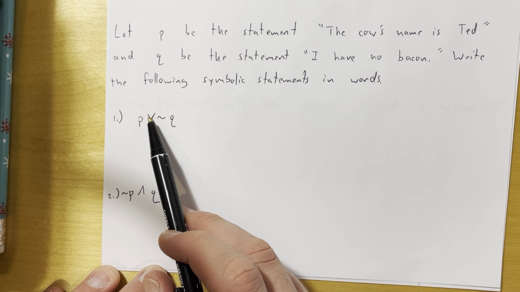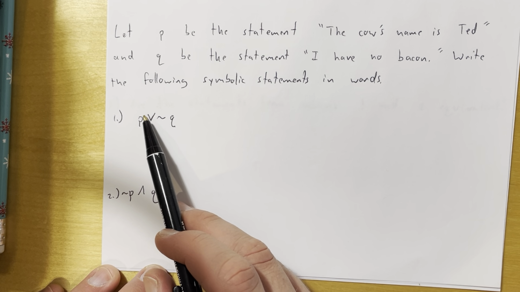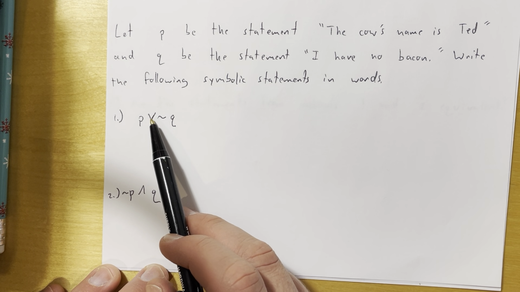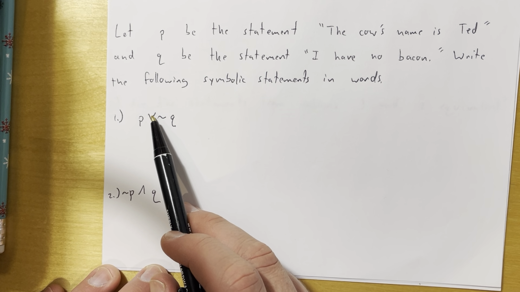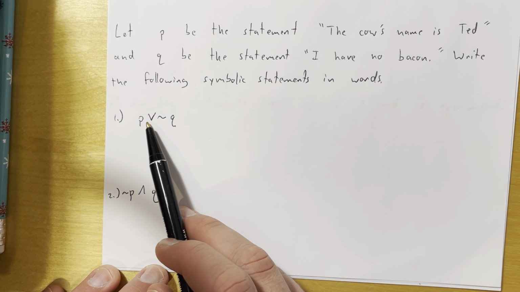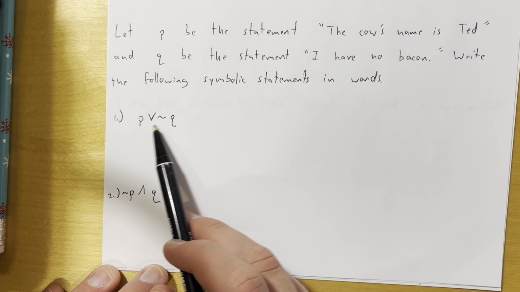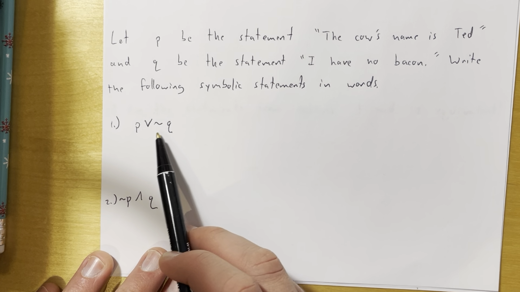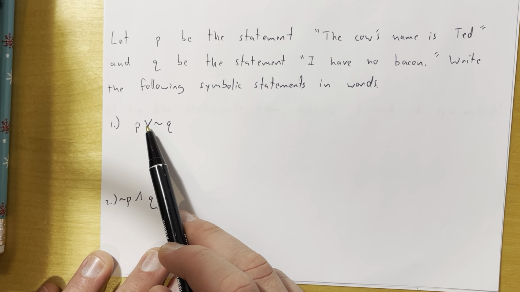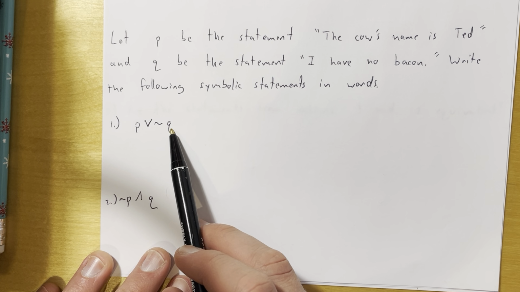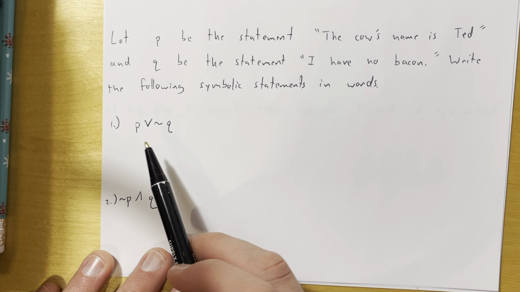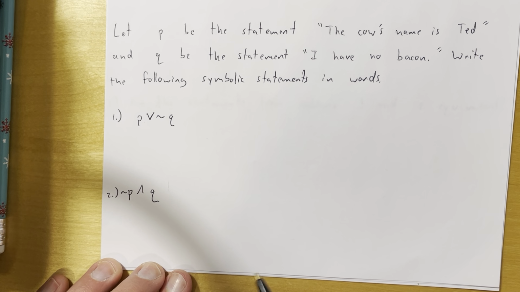Remember, when you have this symbol that looks like a capital V, this is a symbol representing a disjunction, which means we use the word or here. If I wanted to read this using the terms for the symbols, this would say P or not Q. That tilde right there is for a negation, like we talked about in the parent class.